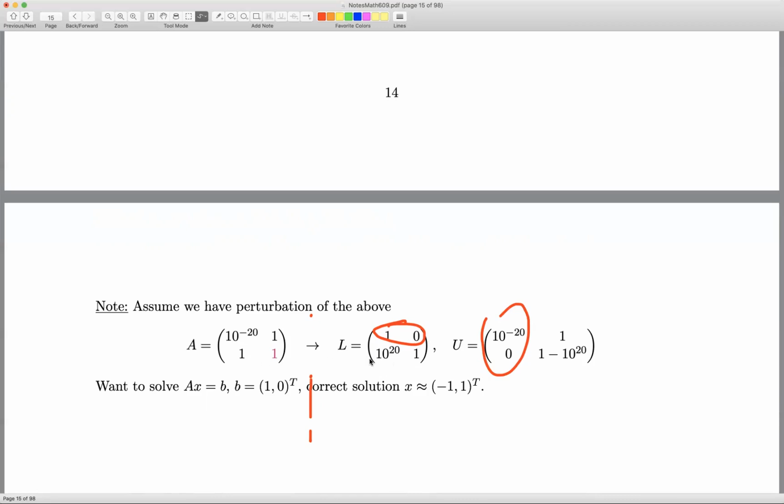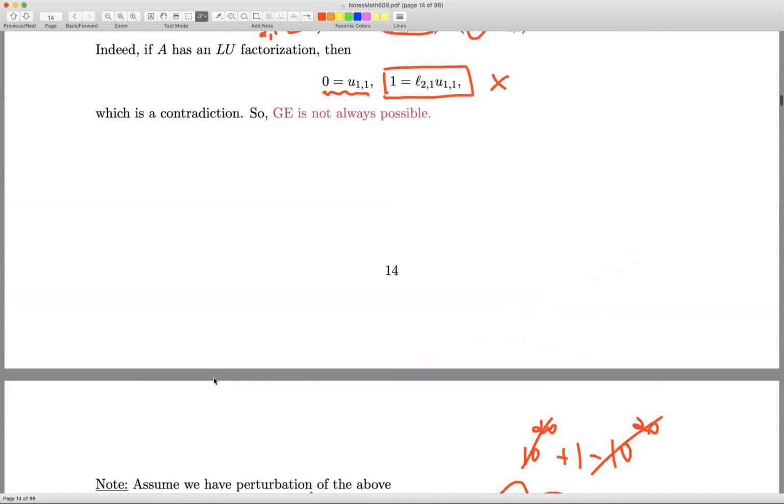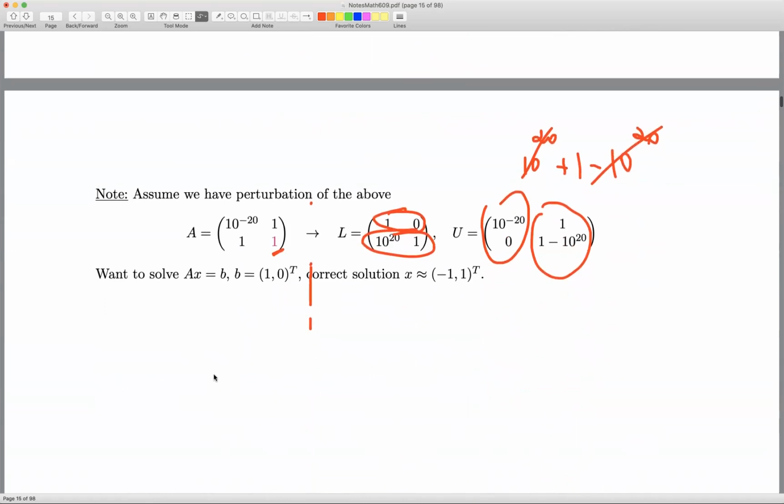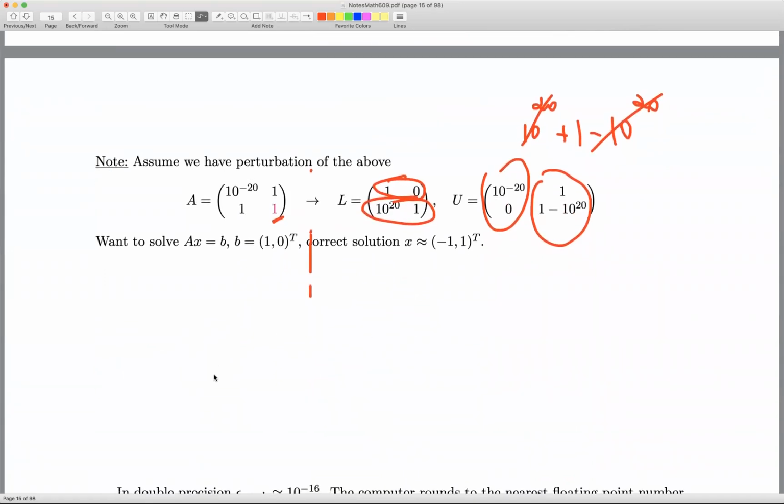Then this multiplied by 10 to the power 20 times 10 to the power minus 20 will give you 1. And then this row multiplied by this column will give you 10 to the power 20, plus 1 minus 10 to the power 20, and as a result you will end up with the 1 right here. So this matrix, which can be viewed as a perturbation of the original matrix, actually does have an LU factorization.